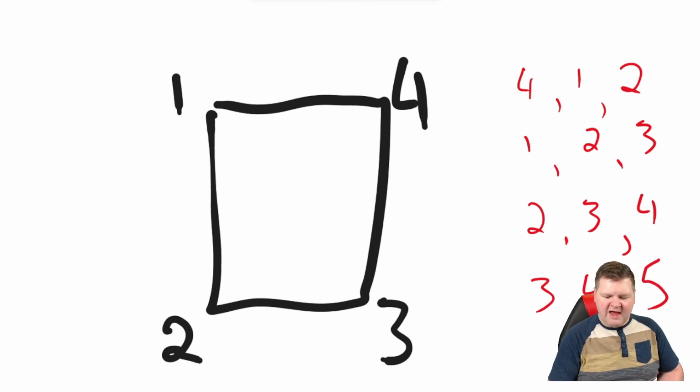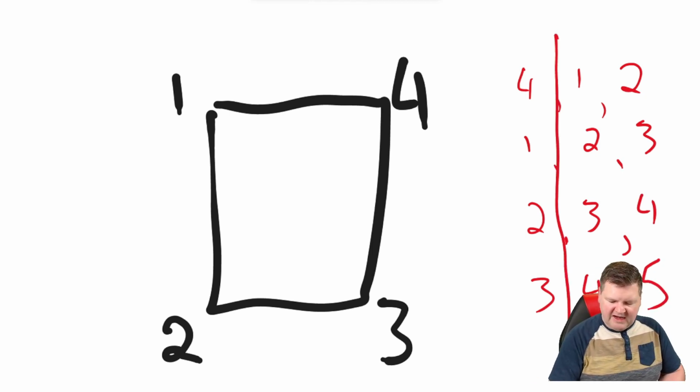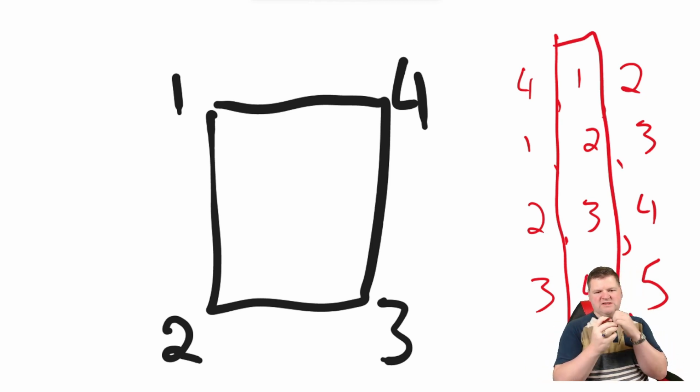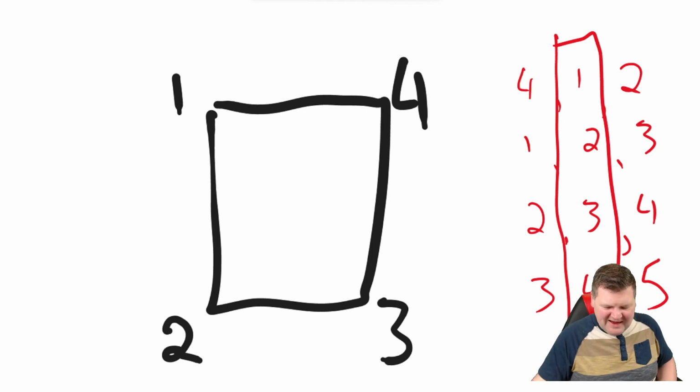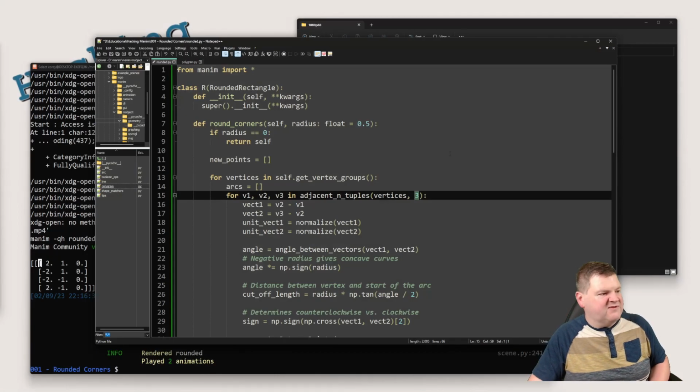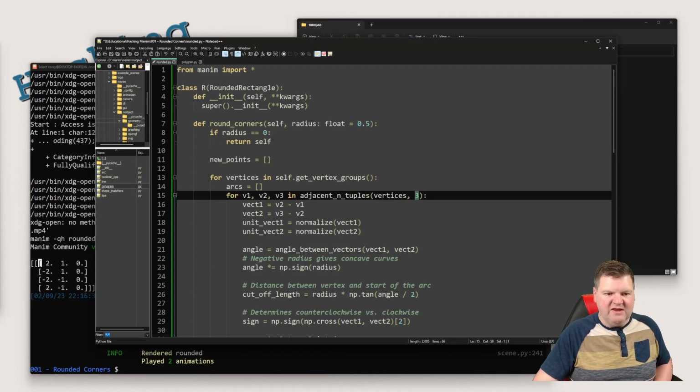So you can look at it as, or think about it as, for each vertex, it will give you what's right before it and what's right after it. Okay? Or I'm sorry, from your perspective, the other way around. What's right before it and what's right after it. And so that's what it's doing. And it's getting them in these variables v1, v2, and v3.